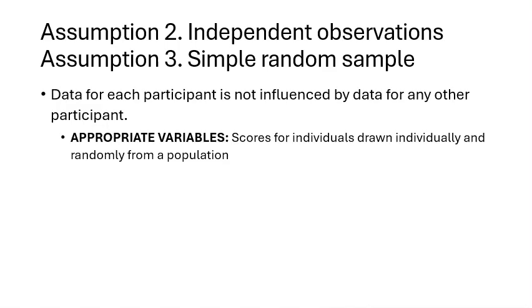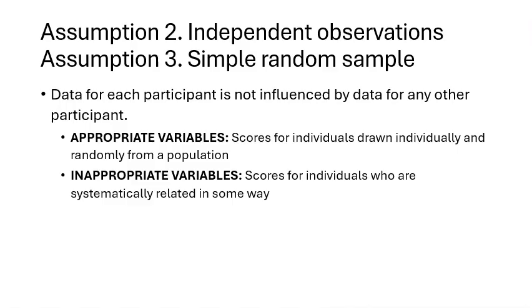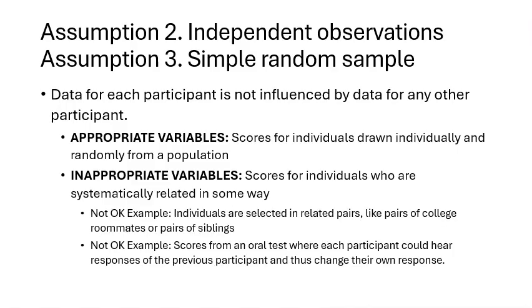So appropriate variables are scores for individuals who were drawn individually and randomly from a population. Inappropriate variables are scores for individuals who are systematically related in some way, like, not okay, individuals who are selected in related pairs, like pairs of college roommates or pairs of siblings. Then we would have a distortion of the data because those pairs might produce similar scores.